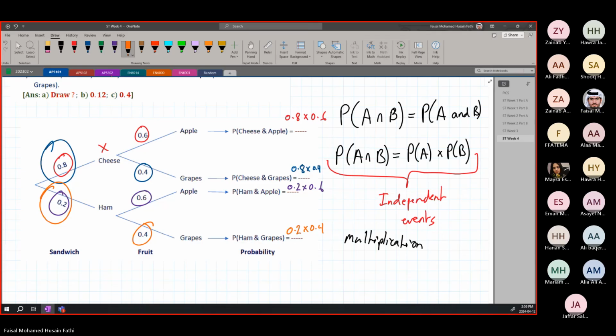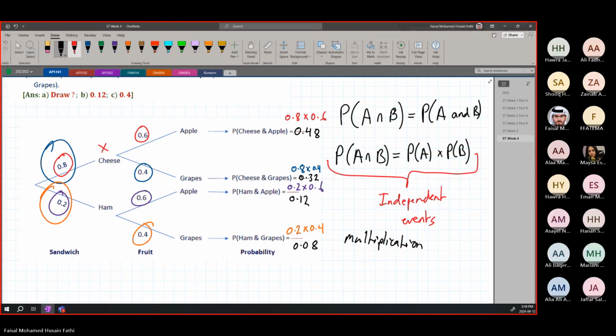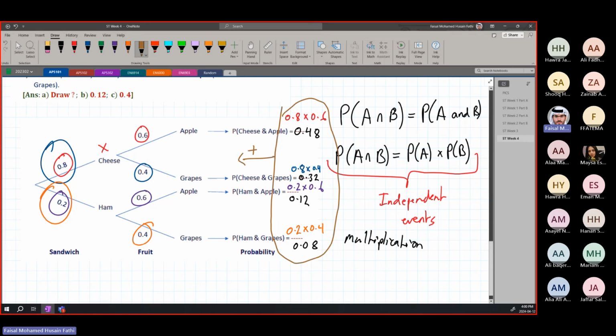This is how you will be finding the probability for each one. So this is going to be 0.48. The next one is going to be 0.32. The next one is going to be 0.12. And the next one is going to be 0.08. Now, one thing I want you to notice, all of these probabilities, when you add them up, they have to give you 1, because you cannot have a chance of something not happening.